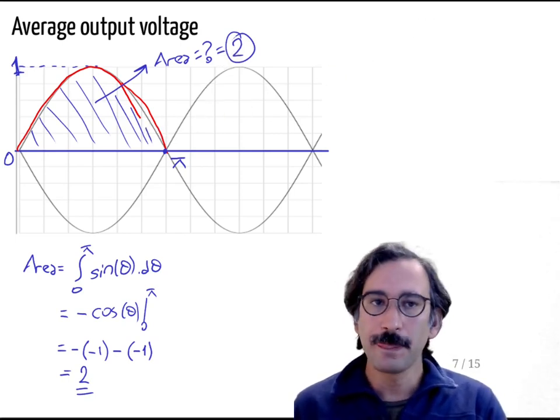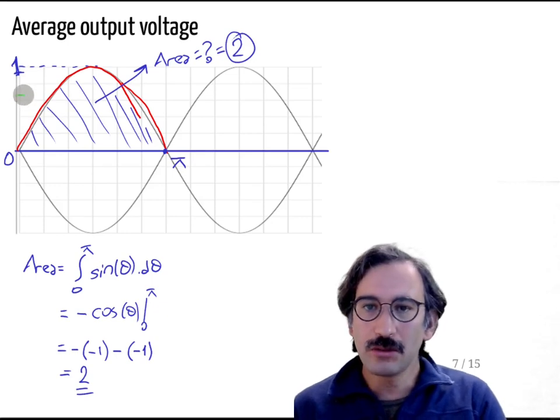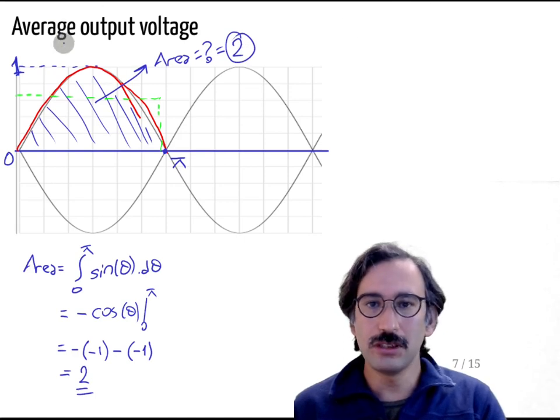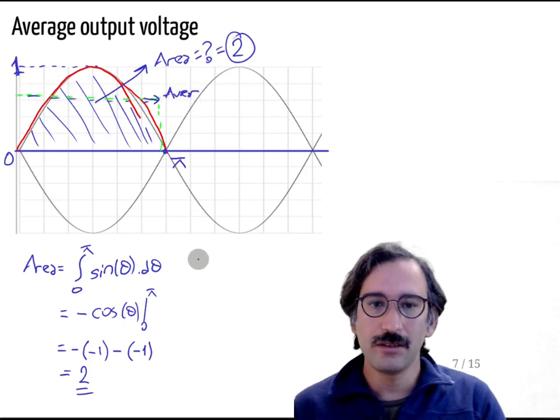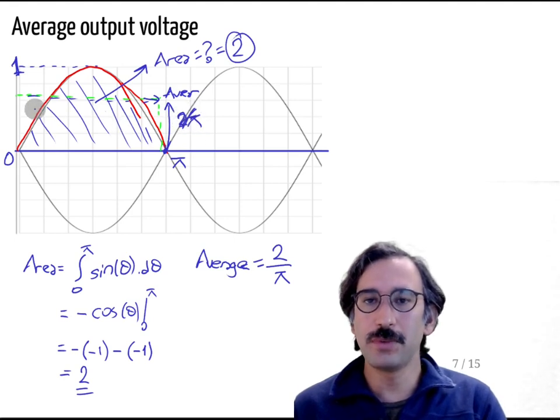Very useful. If I would like to calculate the average voltage, then the average will be that area divided by π, so that should be 2 over π.